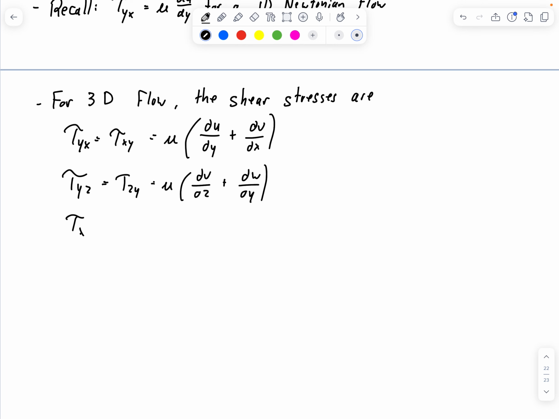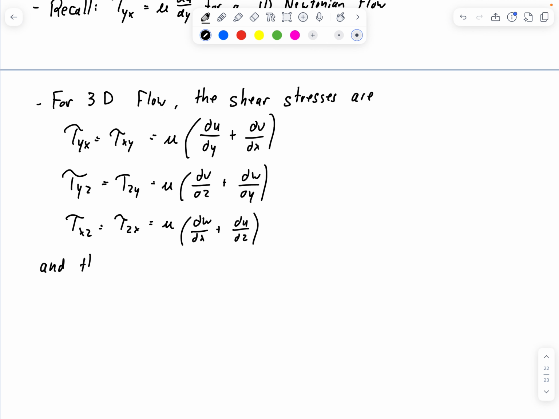And tau sub xz is equal to tau of zx is equal to mu times del w by del x plus del u by del z. So there we have 3 more equations for the shear stresses, and these relate to both tau yx and tau xy, so that sort of doubles the number of equations.